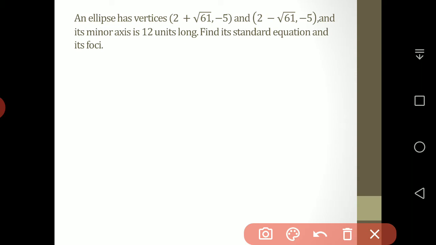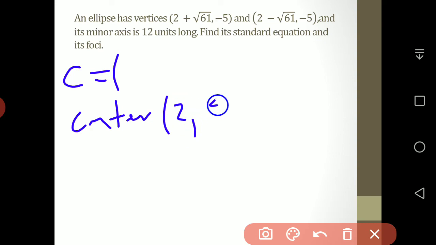First, we need to get the distance between the center and one of the vertices. Since a will just be the distance from the center. Again, the center has already been given. The center is 2, negative 5, and we need one of the vertices, so we'll just get the distance from them.